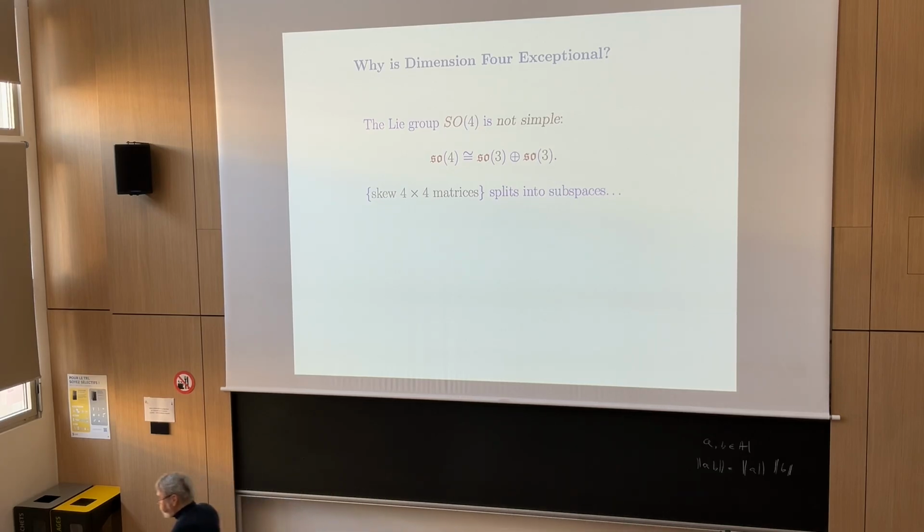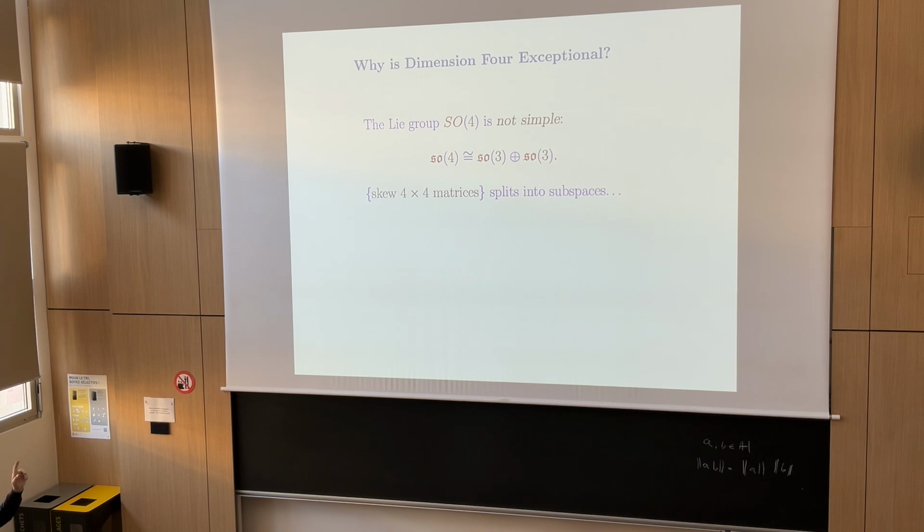But how else do we like to use skew matrices in differential geometry? If you look at a two-form in an orthonormal frame, its components form a skew matrix. And how does the rotation group act on it? It's exactly by the adjoint action.